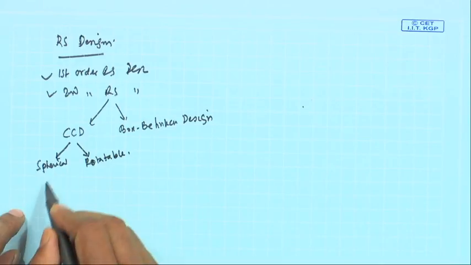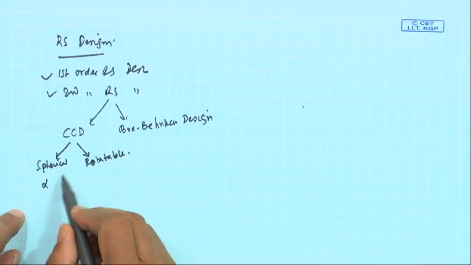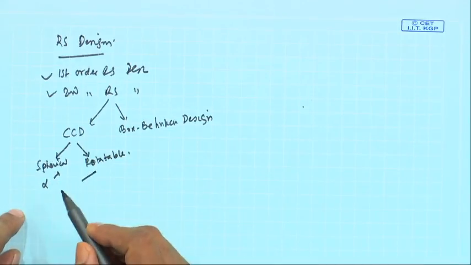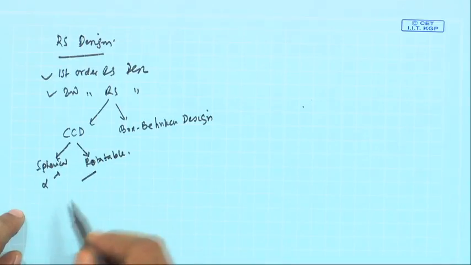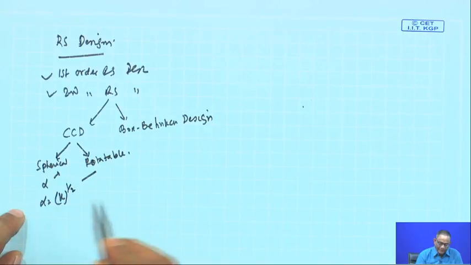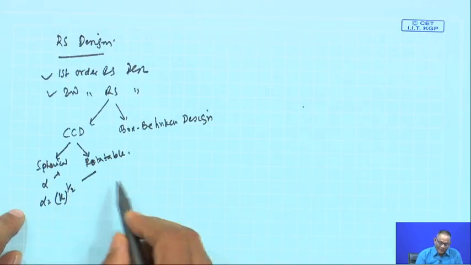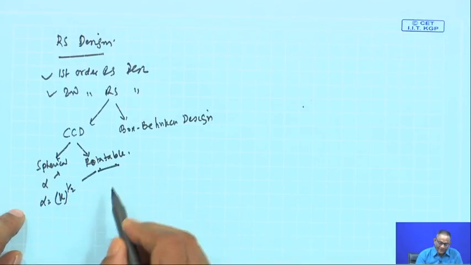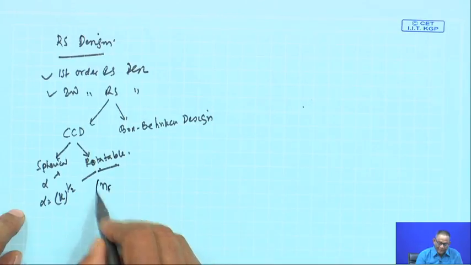So, depending on the value of alpha, alpha will determine whether it is spherical or rotatable. In the spherical case we say alpha equals k to the power half, whereas in the rotatable case nf to the power 1 by 4.